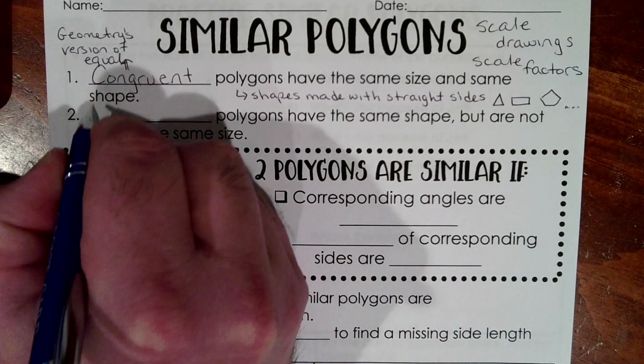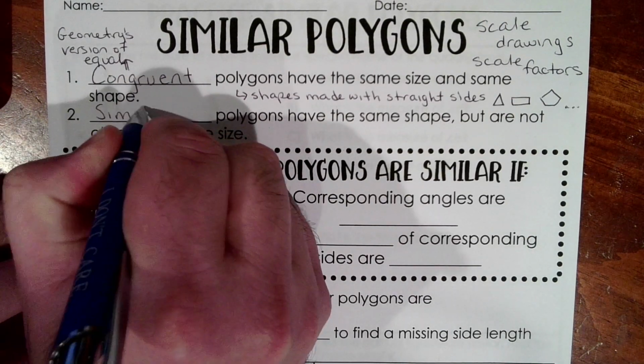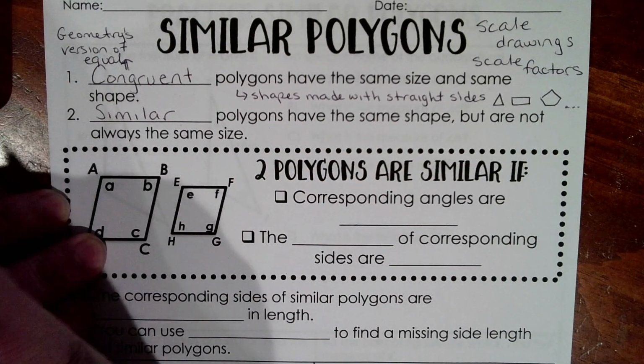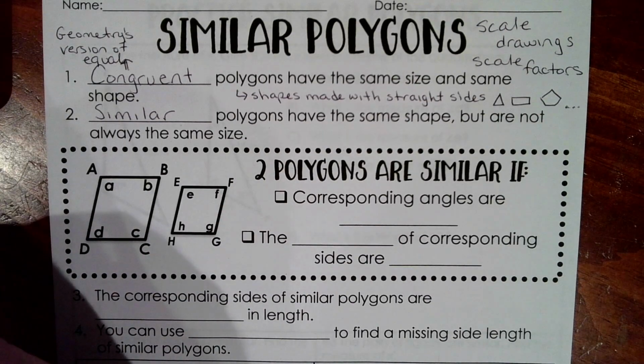What we're going to focus on is something called a similar polygon. Similar polygons have the same shape, but are not always the same size.